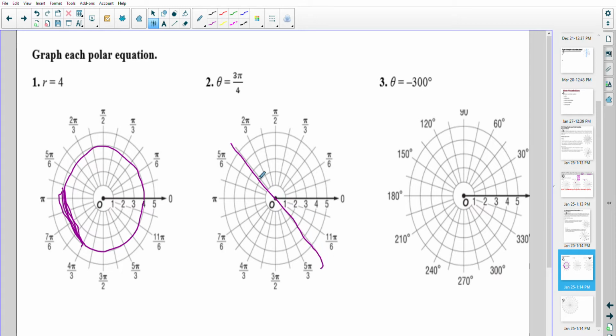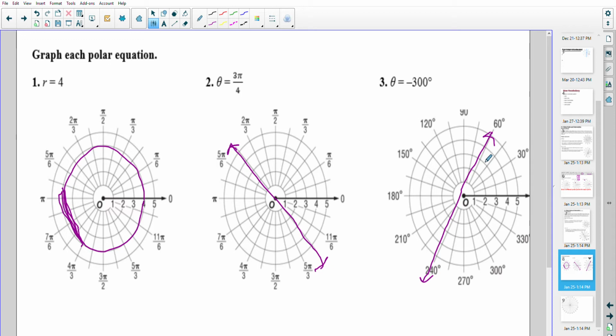You can have positives, you can have negatives, and so that's going to continue in both directions. Very quickly, negative 300, just a little reminder, you'd have 60 more to go to 360, so that's going to be right here, and all the distances are going to be covered, which is going to look like this.